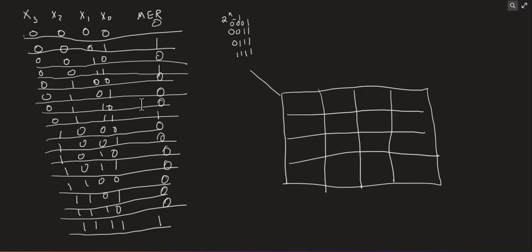It doesn't say whether X3, X2 go on top, and X1, X0 on the side, so I'll do it this way. Most significant bit here: 00, 01, 11, 10, and 00, 01, 11, 10. Now we want to fill this in based on our truth table.